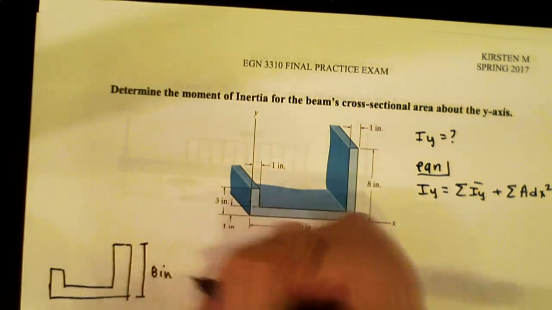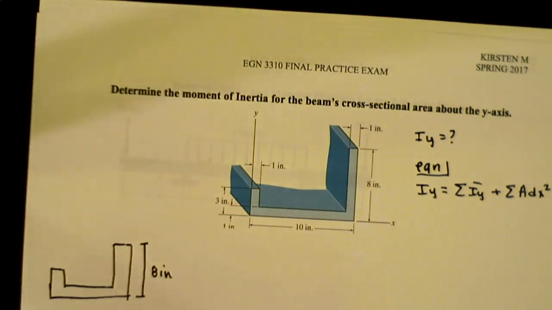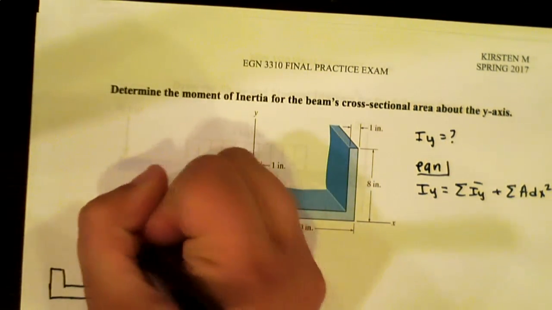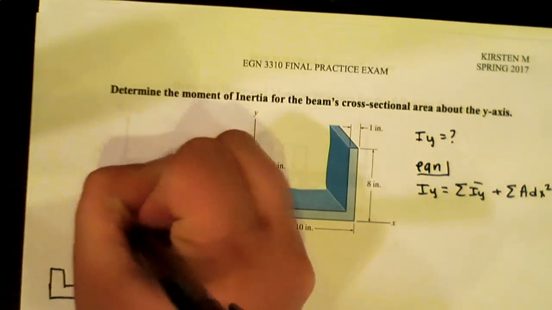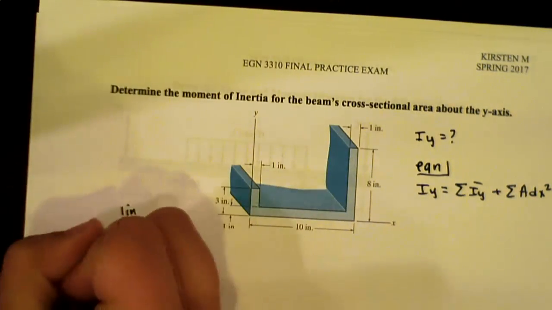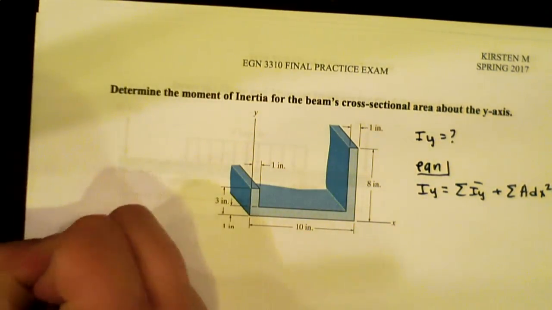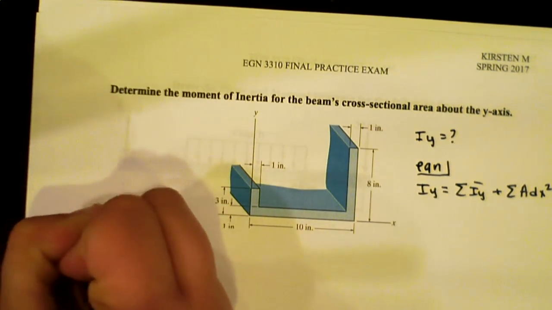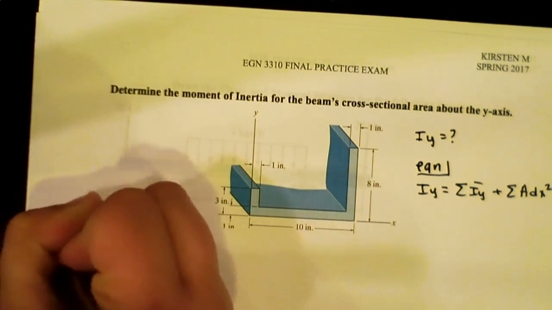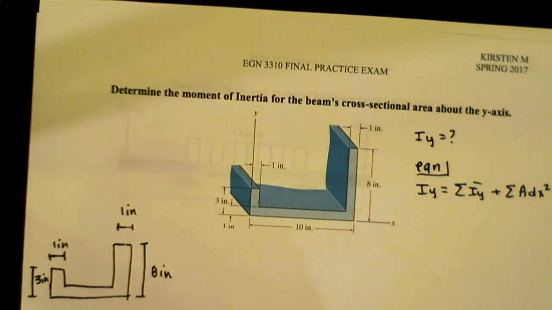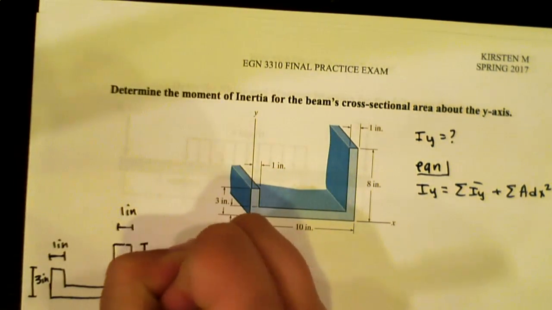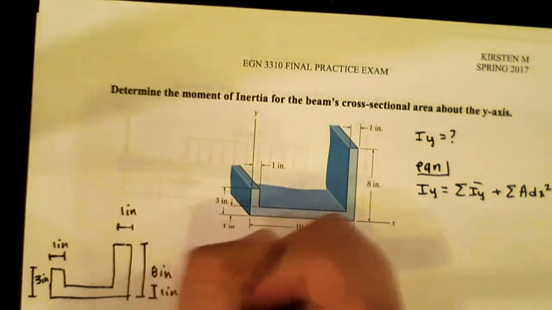Also, my drawings are not going to be nearly as pretty as Dr. Medeiros'. We know this is going to be 1 inch. This is going to be 3 inches. And then 1 inch. And the width at the bottom is also 1 inch. Okay.